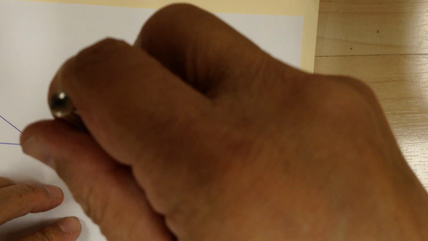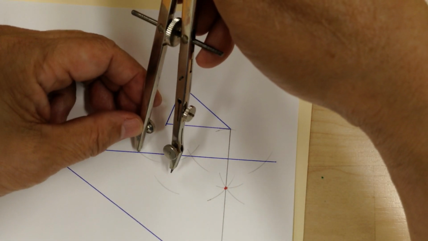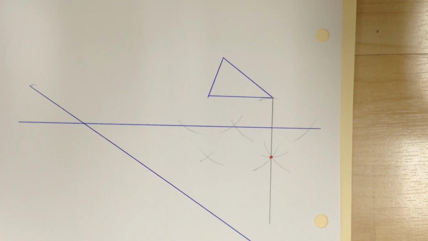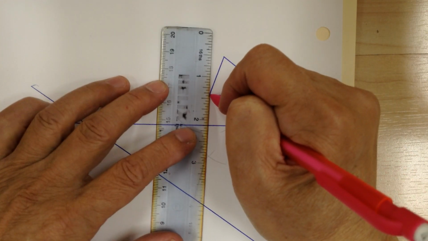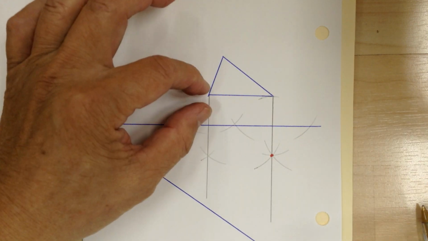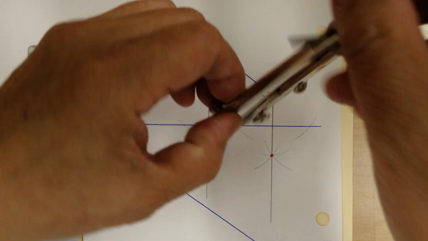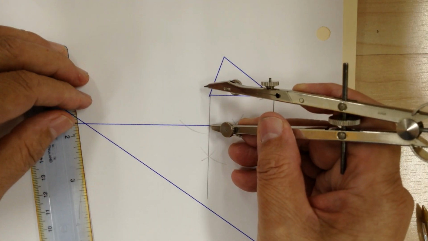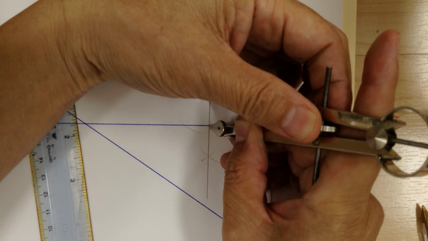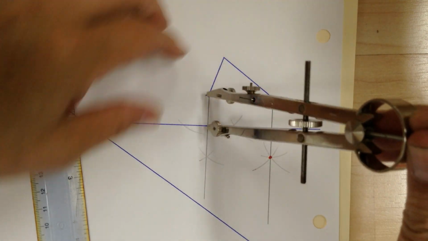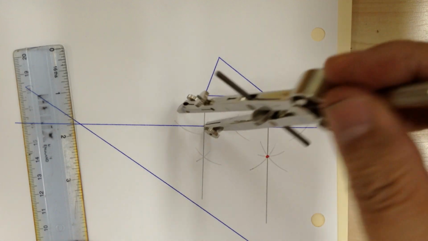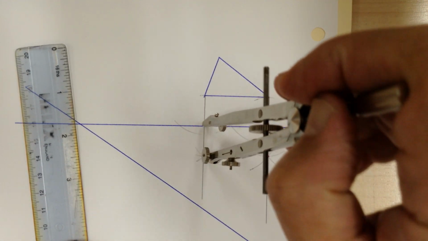So again, we're just doing the perpendicular line construction from the basic construction. So from here you're going to get this right over here. And again, we're going to get the distance next. So that's the distance, so we swing over to get that distance.